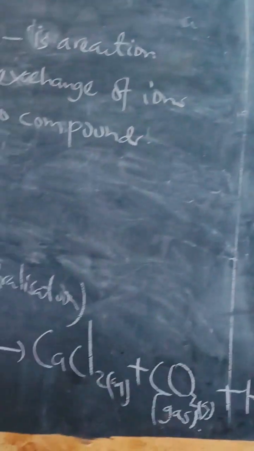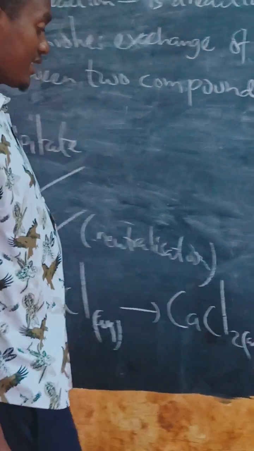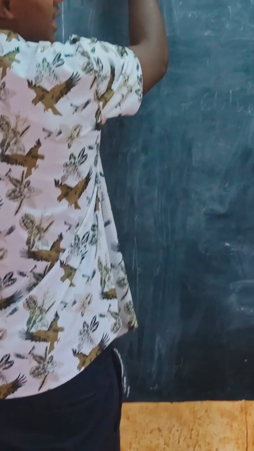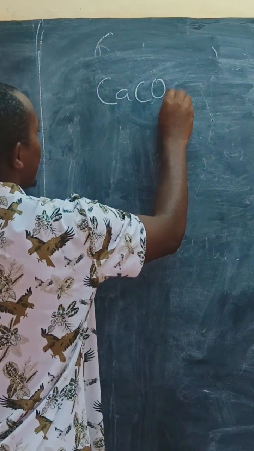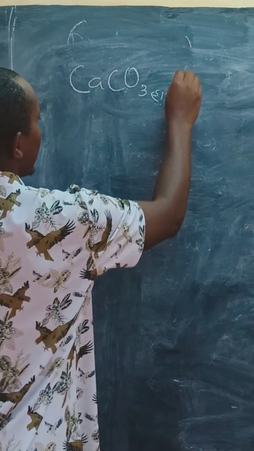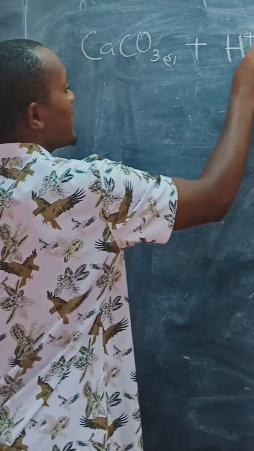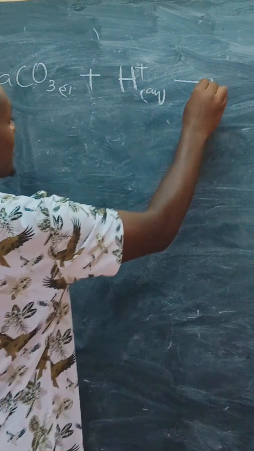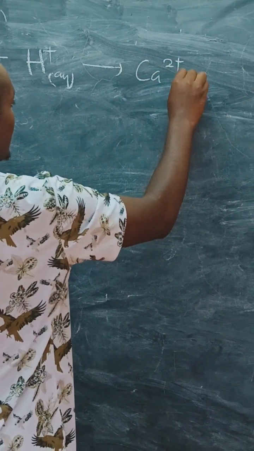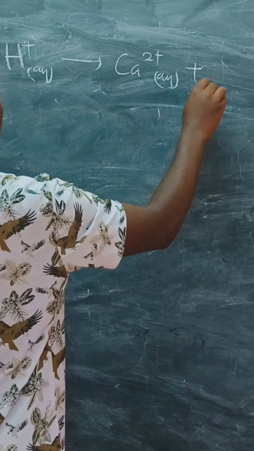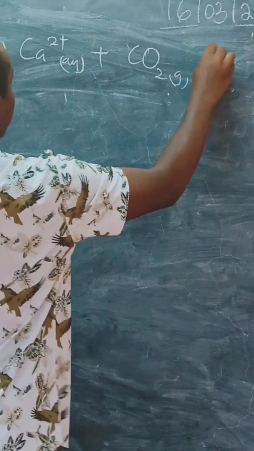Before we go to neutralization, let's write the ionic equation for this calcium carbonate. It is calcium carbonate, or carbonate ions, plus hydrogen ions from an acid, which will form calcium ions that go in solution, plus CO2, plus water.